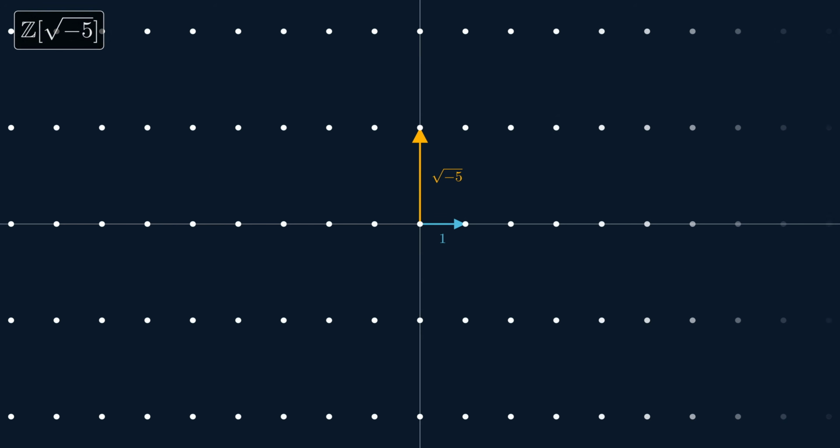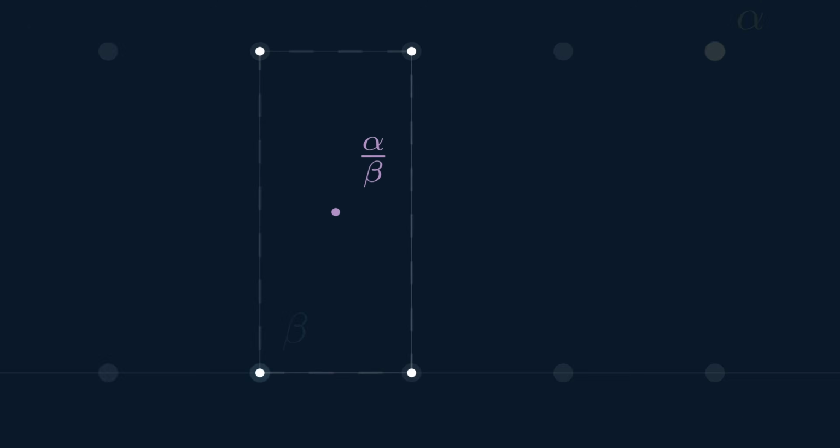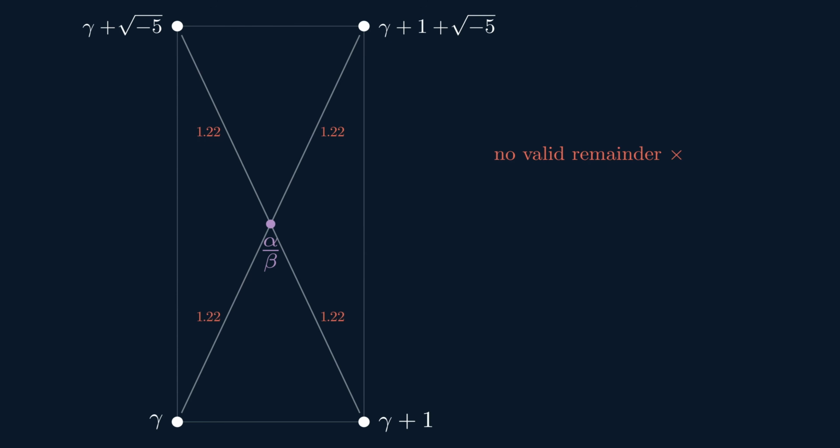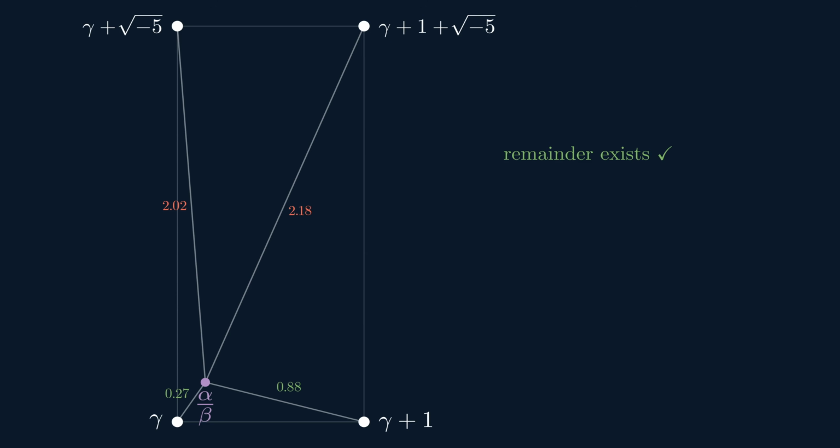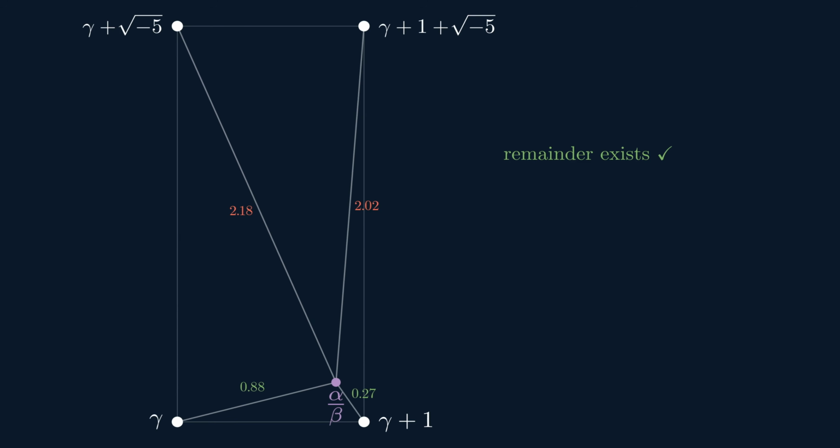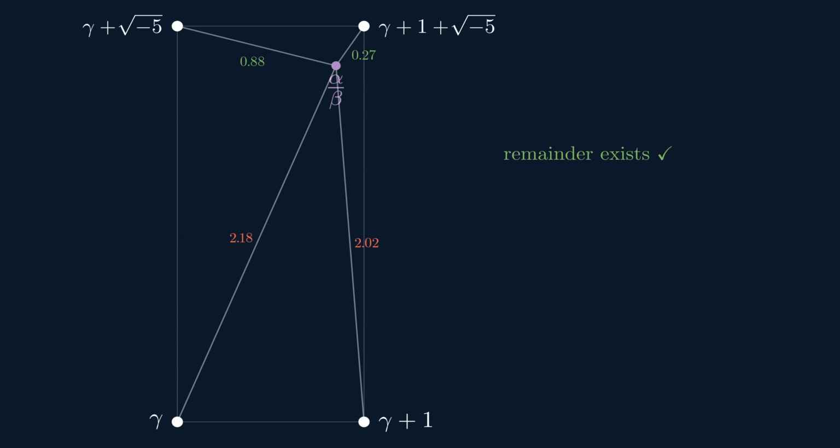Let's look at Z adjoining the square root of -5. Here the basis vectors are 1 and the square root of -5. The lattice points are spaced square root of 5 apart vertically, much further than before. Near the corners, things look fine. At least one distance is less than 1. But as we move towards the center of the rectangle, every distance exceeds 1.